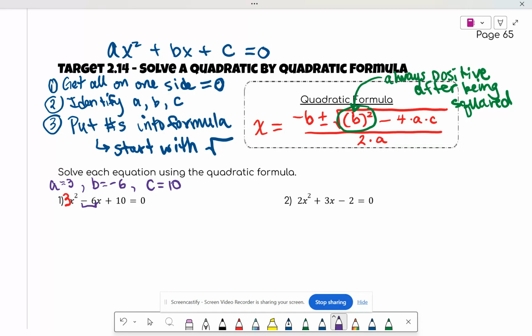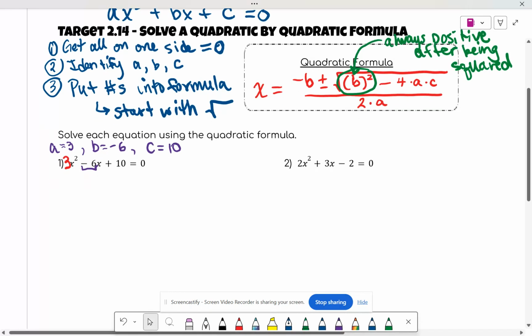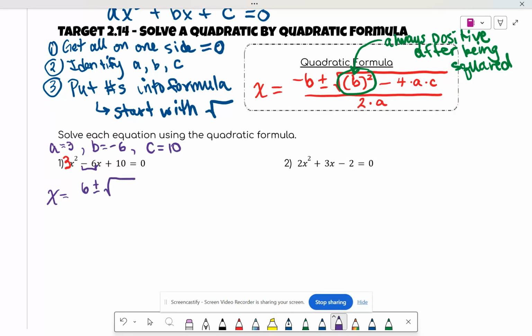So now I will put all of those numbers into my quadratic formula. So x equals the opposite of b, so actually positive 6 plus or minus the square root of b squared, so negative 6 squared, minus 4 times 3 times 10, all over 2 times 3.